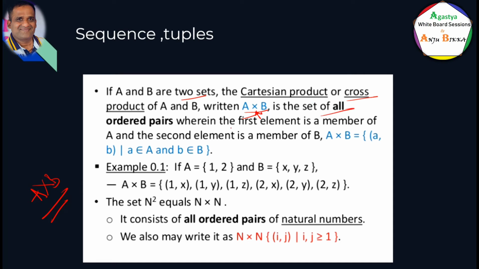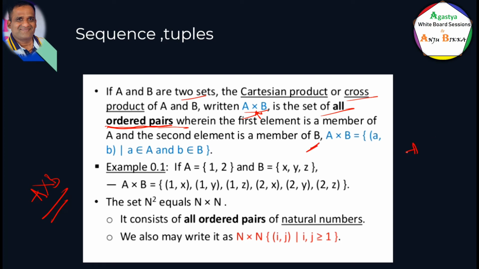It is a set of all ordered pairs. This is very important. Ordered pairs, wherein the first element is a member of A and the second element is a member of B.